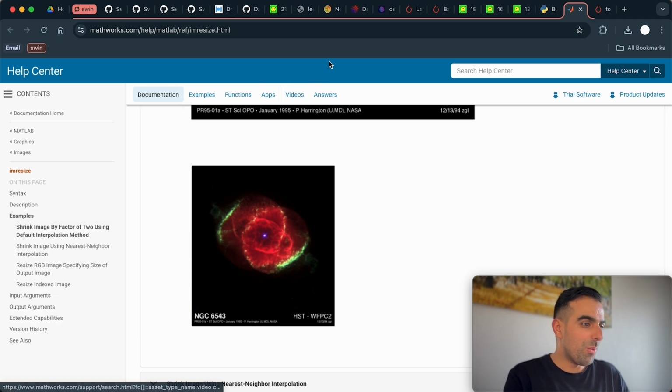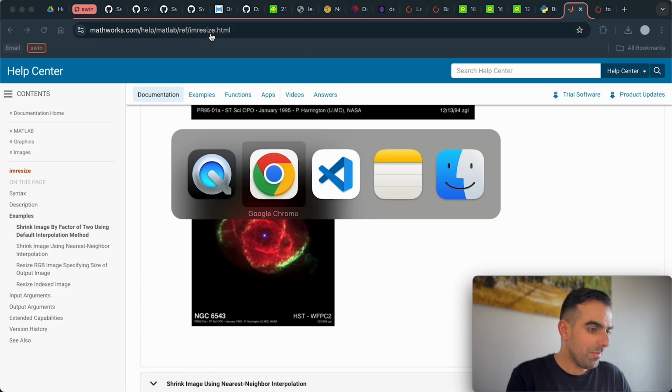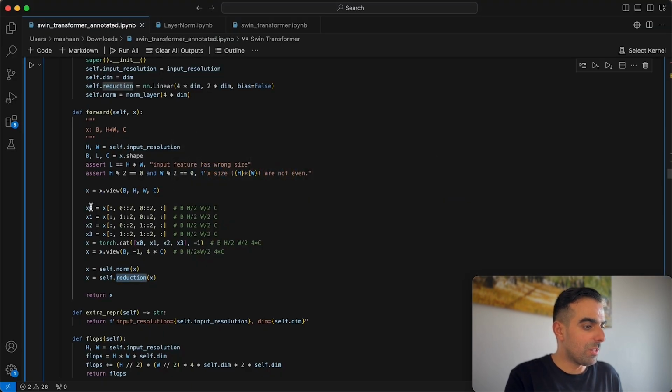So when I first looked at the code, I was expecting something dividing by half, running an average through the channel dimension, but I didn't find any of that. They run it through a linear layer.